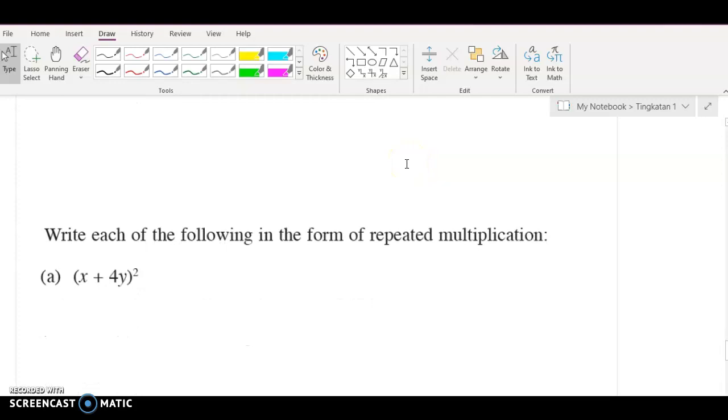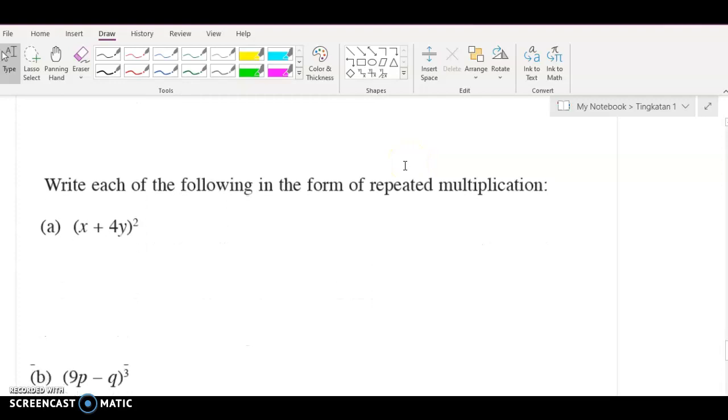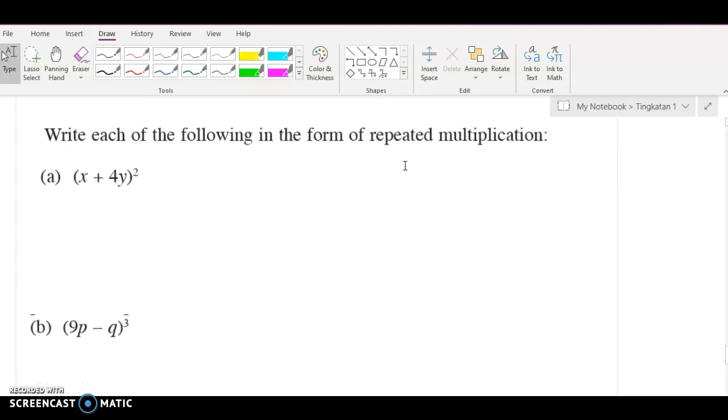Okay, now sometimes you have to write repeated multiplication into a simplified one, and sometimes you have to go back from simplified to the repeated multiplication. For example here, x plus 4y, bracket, the power of 2.